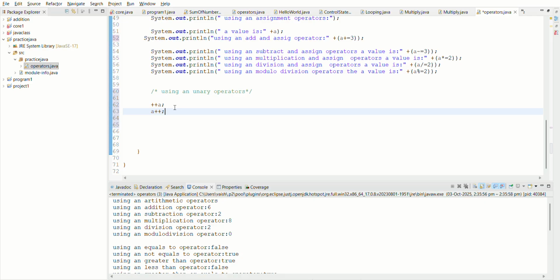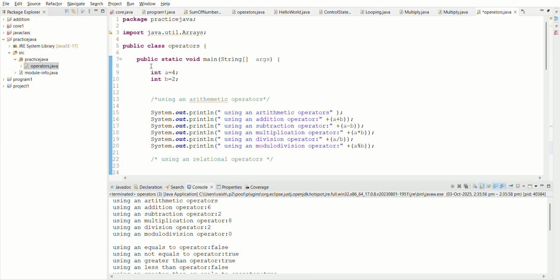In the same way, we have decrement also. So pre-decrement and post-decrement. So we write a program. We use the same value a equals 4.